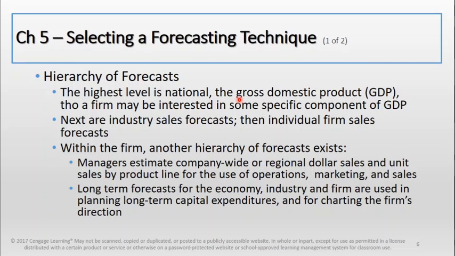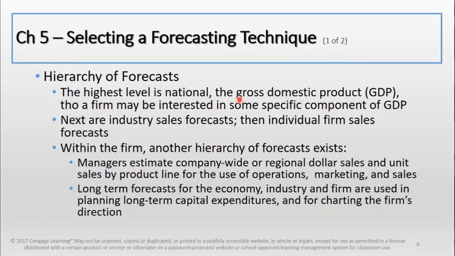For example, a machine tool firm may be concerned about plant and equipment expenditure requirements, while retail establishments may also be concerned about future levels and changes in disposable personal income rather than the overall GDP estimate. So that is the first level, which is those that involve the national economy.